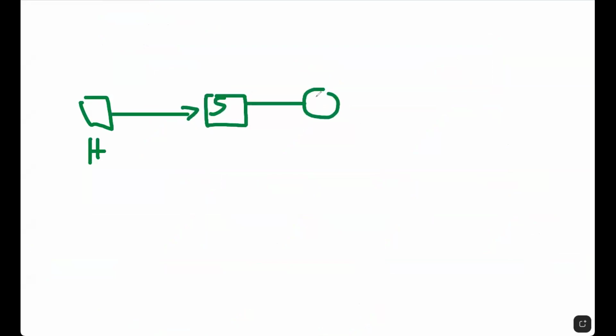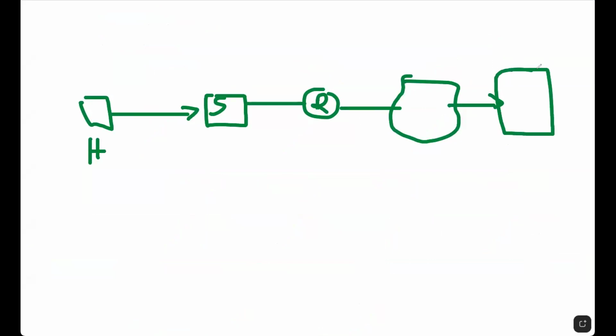So let's move on. You have a host, which is nothing but a PC. The host will obviously be connected to the switch. The switch will be connected to a router, and the router will be connected to the internet, basically. And then the internet will usually have an NTP server, right? So what will happen?